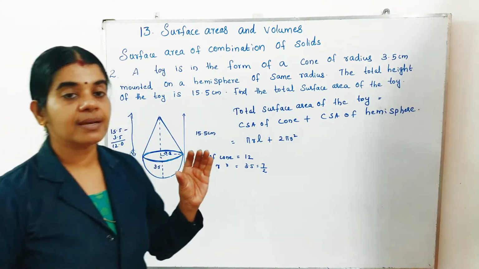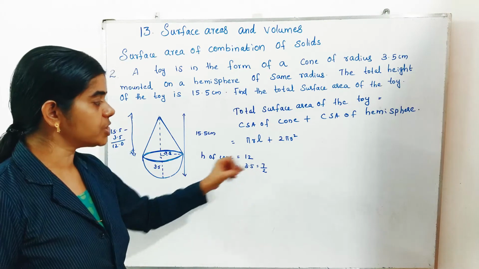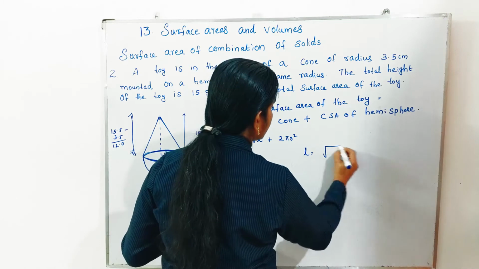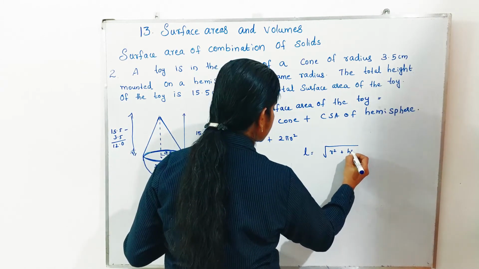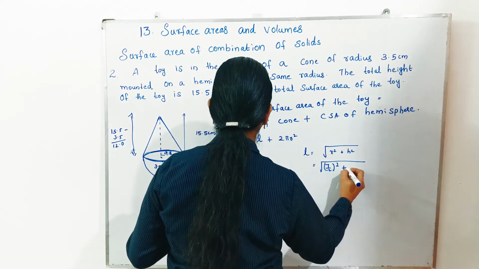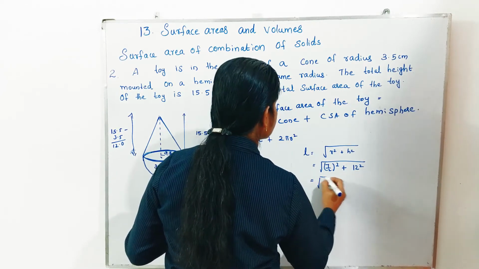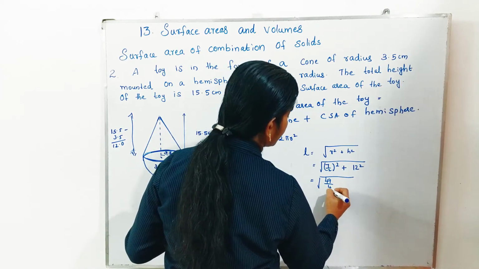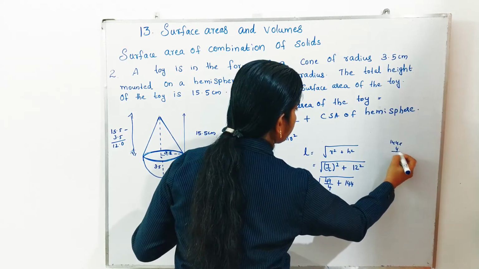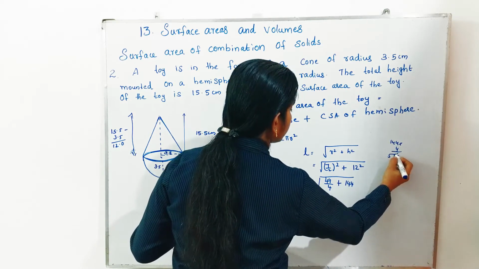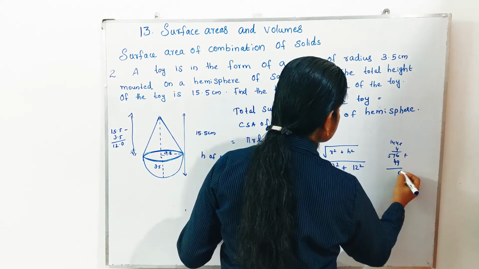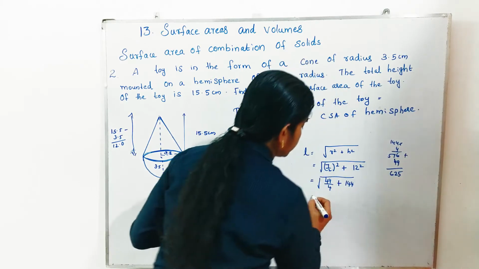So pi r L will be the curved surface area of the cone. First you want to find out the value of L. L is equal to root of r square plus h square, that is 7/2 whole square plus 12 square, that is 49/4 plus 144, then 144 into 4 is 576, plus 49 is 625.